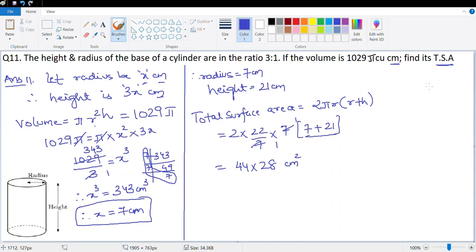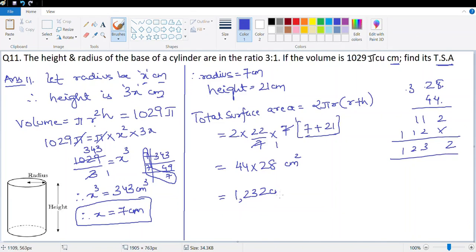Let's multiply 28 with 44. 4 into 8, 32, 4 into 2 is 8 plus 3, 11. So this is equal to 1232 centimeter square. So total surface area is equal to 1232 centimeter square.